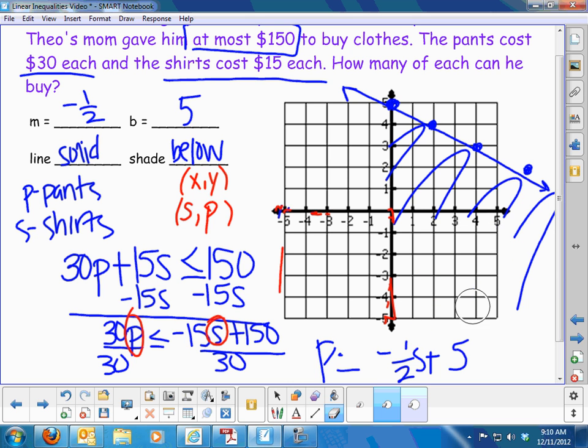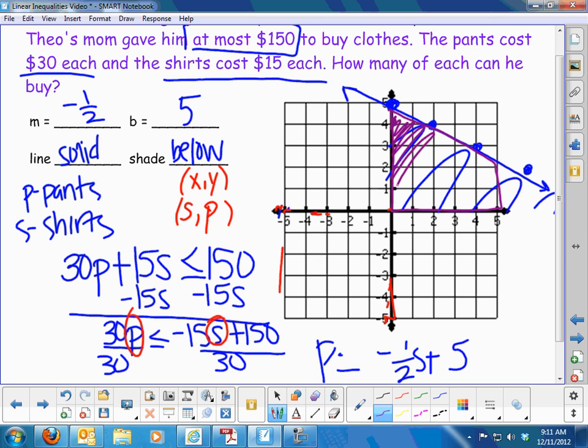It just doesn't make sense related to the problem, which tells me that really the only solutions to this problem are those that are in this region right here, this triangular, or not really a triangle, kind of. In this region right here, these are my solutions that make this problem true.